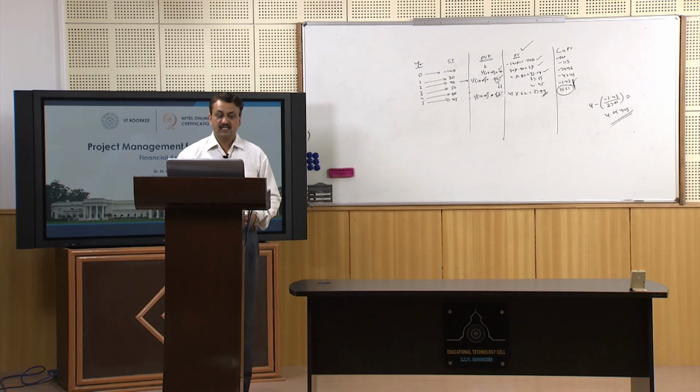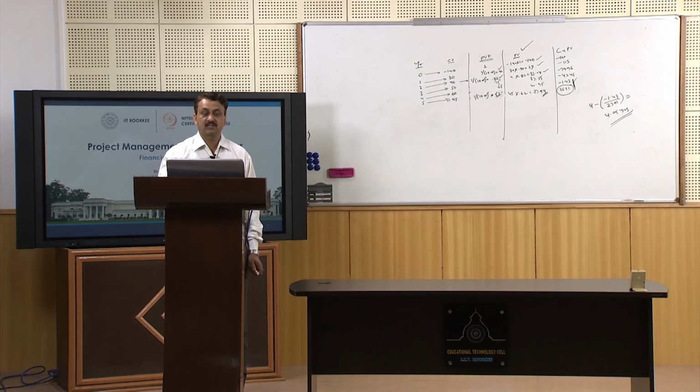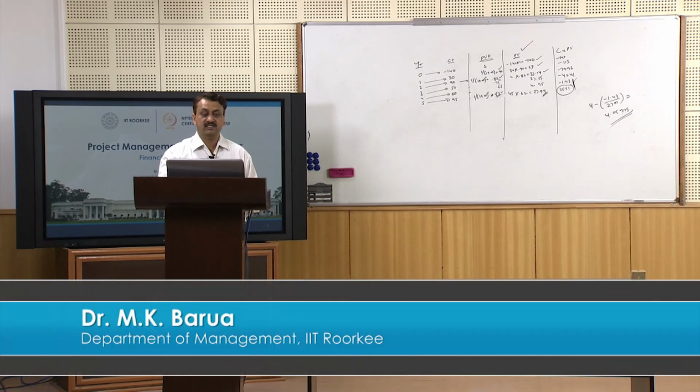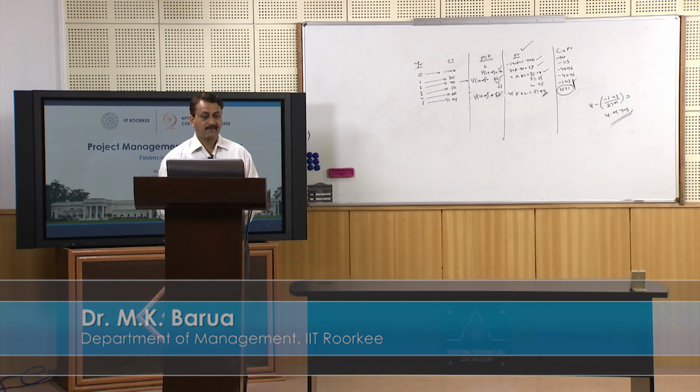It is 40.56. Why? What is NPV? It is the difference between cash inflows and cash outflows, so this is 200.56 minus 160.